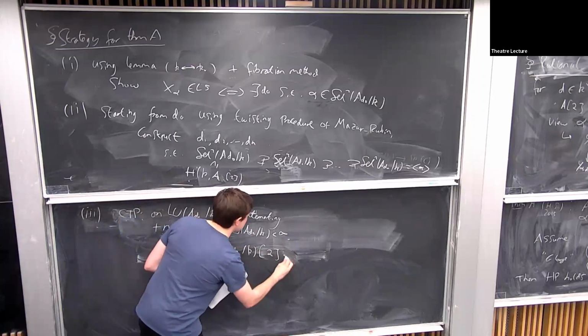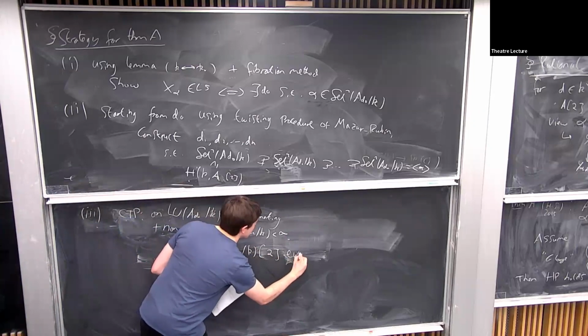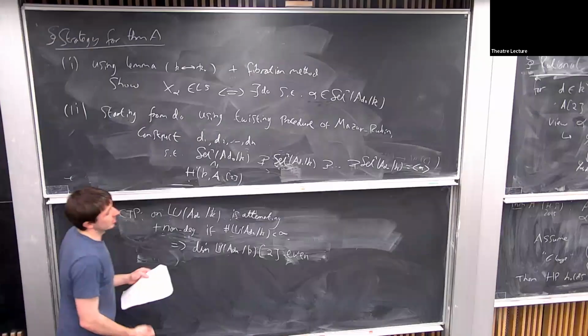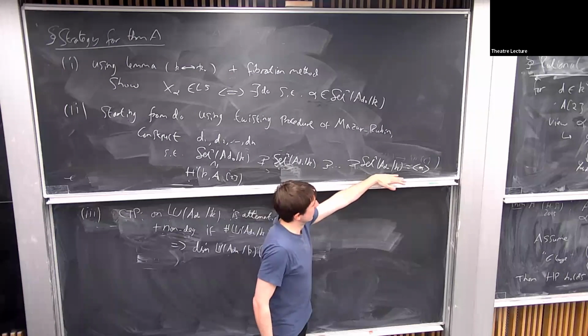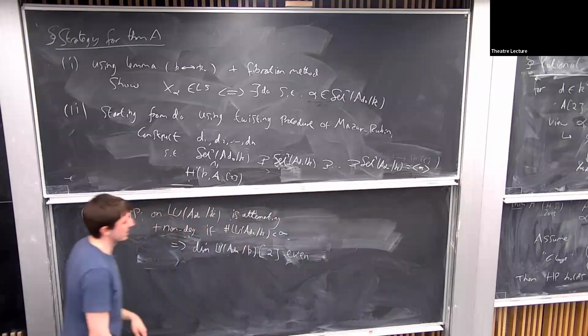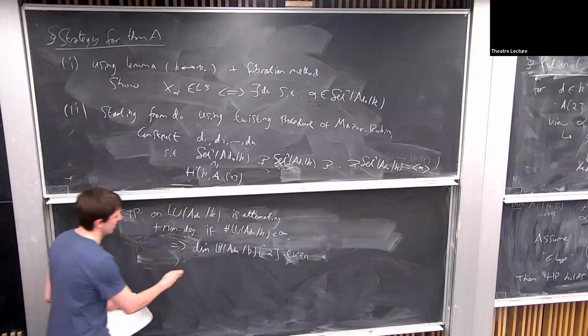So you start by saying it's even. Maybe you've got a group that's one dimensional, projecting onto something that's even dimensional, so this had better be zero.